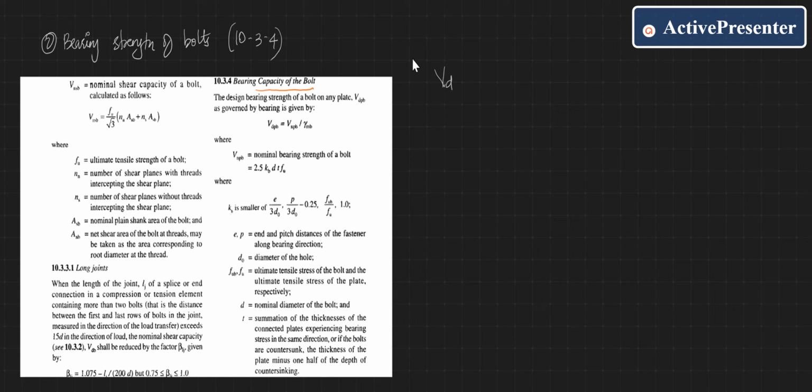VDPB is equal to VNPB divided by gamma MB. This gamma MB you'll get from table number 5.